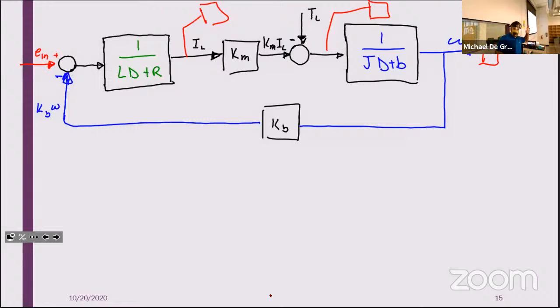So the second method is, instead of leaving these as separate systems, we're going to make one giant equation for the overall master system, right? One system-wide equation. If we do this as a system-wide equation, we're going to get one transfer function in terms of En and omega, right?